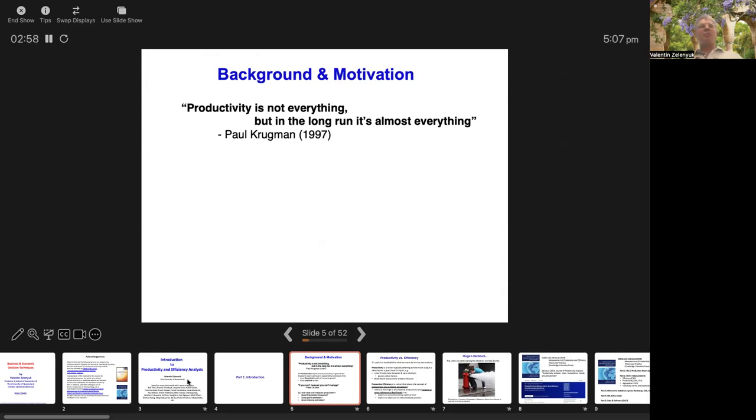If one person is more productive than others, in terms of what they can do with the same resources, then usually in the long run that will make them more prosperous, other things being the same. Same thing about countries. If a country is more productive than others, it will be more prosperous, other things being the same. Of course, there are many reasons why a country can be productive, such as better institutions, or for firms, why they're more productive.